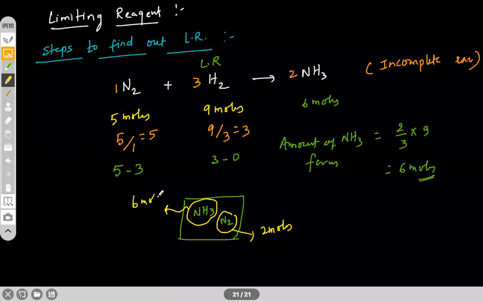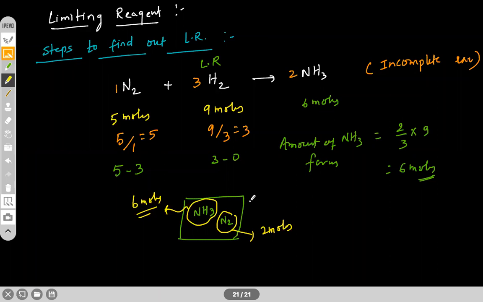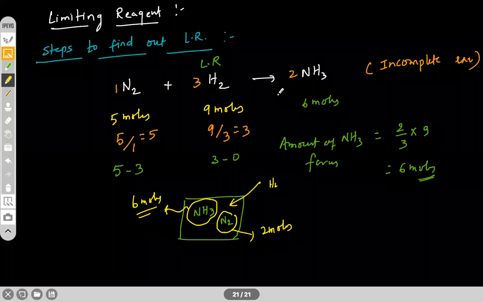This 6 moles depends upon H2. If you add more hydrogen, the reaction proceeds again and you get more NH3. So the amount of NH3 is defined with respect to H2, and this is the minimum possible amount. That's why the definition of limiting reagent is the reactant molecule which gets consumed completely to give the minimum amount of product.